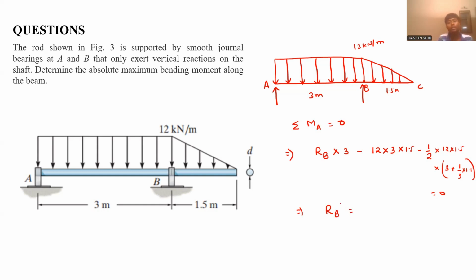Solve and give me the value of RB. So RB we are getting 28.5 kilonewton. So similarly RA will be how much?